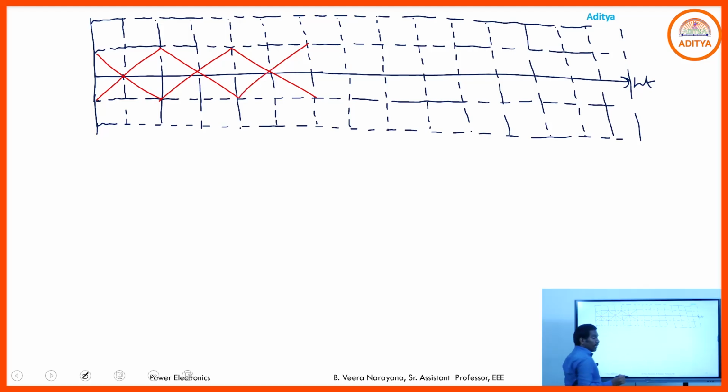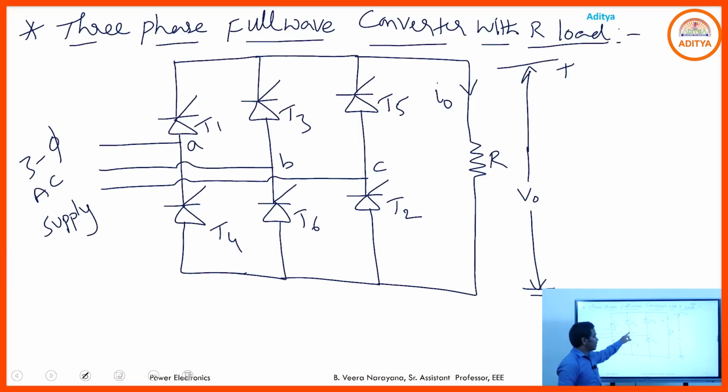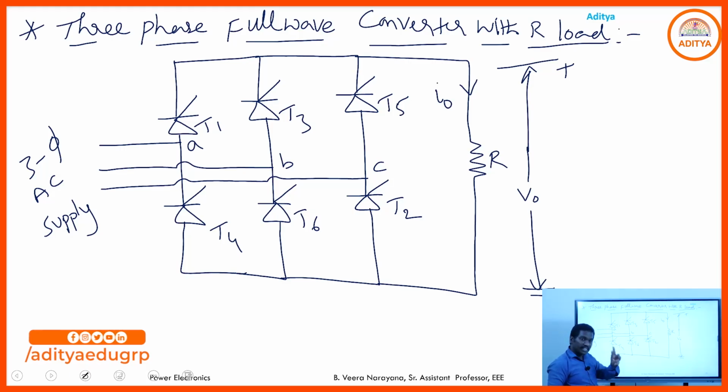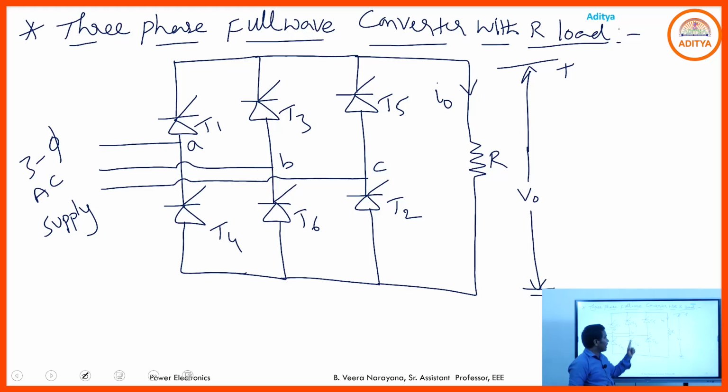Here, if you want to draw the line voltage waveforms, just follow this procedure. Why do we need the line voltages? Here we have the three phases, phase A, phase B, phase C. In this three-phase full wave converter, at any time two SCRs will be in the on state. If two SCRs are on, the voltage between the two phases is transmitted to the load.